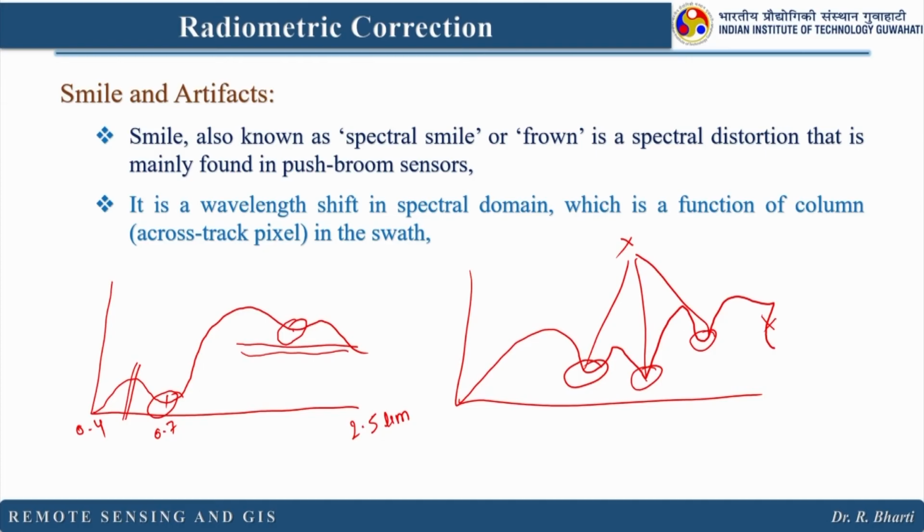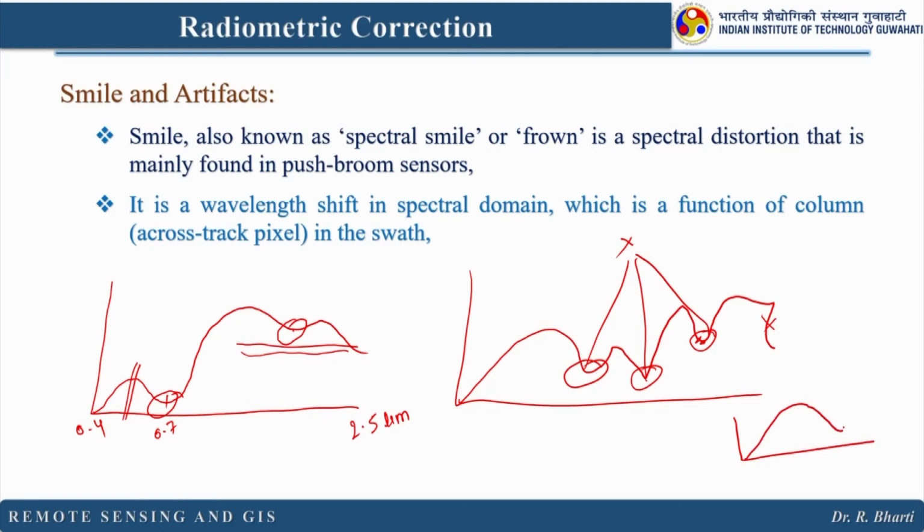But what if, because of a sensor problem, this value which was supposed to be recorded here gets shifted here, right. So here what is happening, let me redraw clearly.